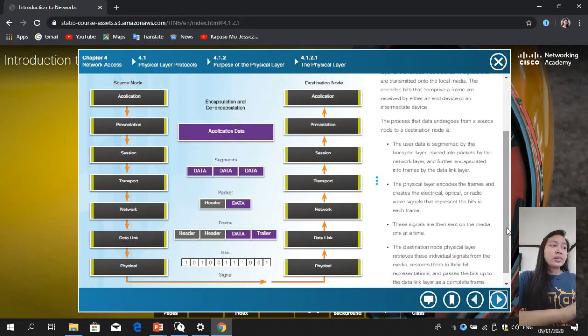The user data is segmented by the transport layer, placed into packets by the network layer, and further encapsulated into frames by the data link layer. The physical layer encodes the frames and creates the electrical, optical, or radio wave signals that represent the bits in each frame. These signals are then sent on the media one at a time.